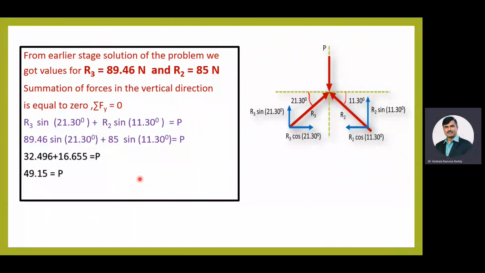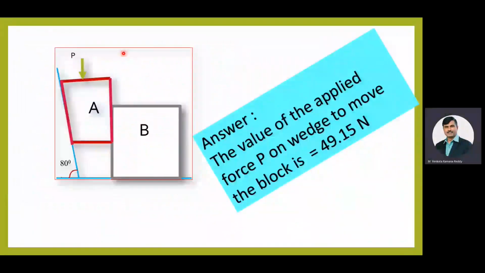That is, the applied force P is equal to 49.15 Newton. Now we will write the answer. With the applied force P is equal to 49.15 Newton on the wedge, the block starts to move. This is the solution for the given problem.